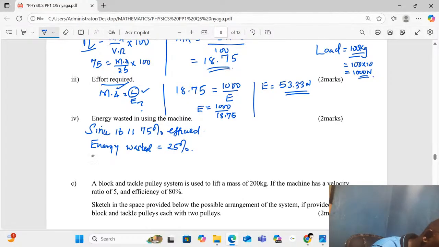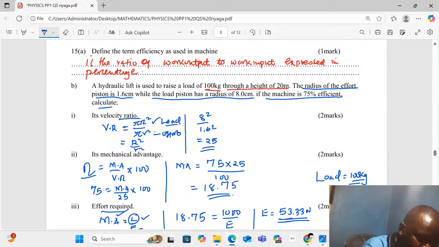So our work done will be the effort of 53.33 newtons times this load was moved through a height of 20 meters.